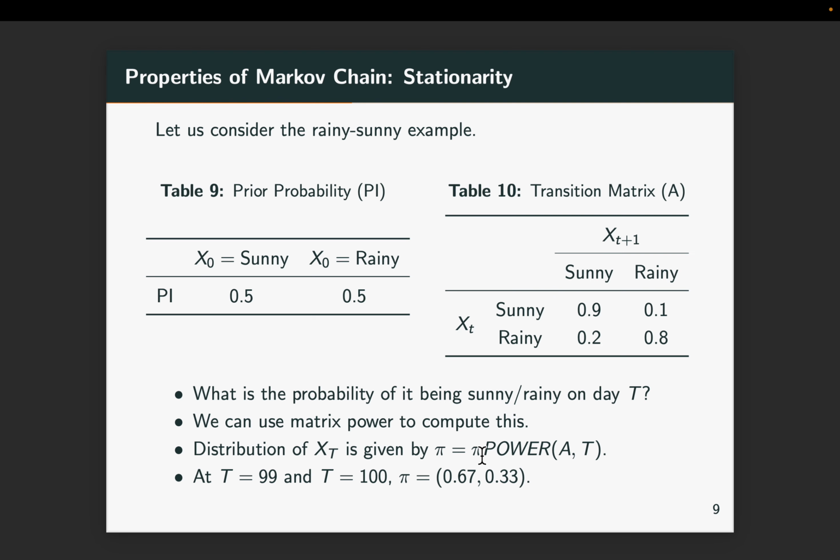Does it mean that I will not see variation in the states I am drawing? We can still see the variation, but the distribution is 0.67 and 0.33. From 0.67 and 0.33, you can draw various random vectors. So we call such a Markov chain converged, and this particular distribution is known as the stationary distribution for this Markov chain.